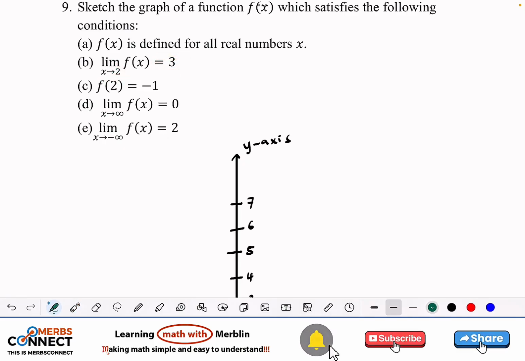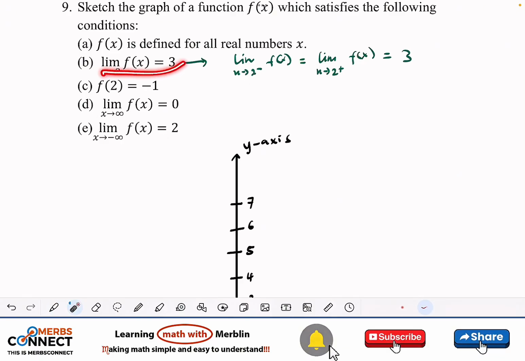So anytime you see a limit like this exist, it means that the left and the right are the same. So this implies that the limit as x is approaching 2 from the left of f of x is the same as the limit as x is approaching 2 from the right of f of x, and they are all equal to 3. That's the reason why we are saying that this is equal to 3.